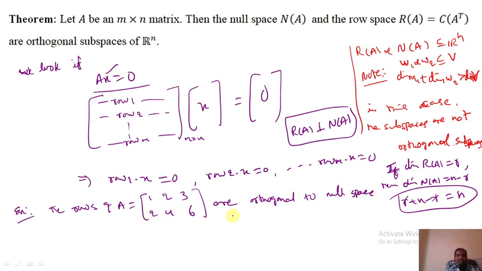How many null space vectors will be there? This is a 2 by 3 matrix, so 3 minus 2 is 1. I made a mistake here: this is not an independent vector, I have taken a multiple, so it is dependent. Only one vector is orthogonal to the null space.